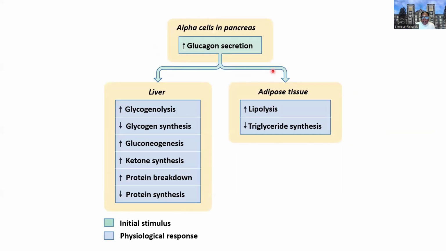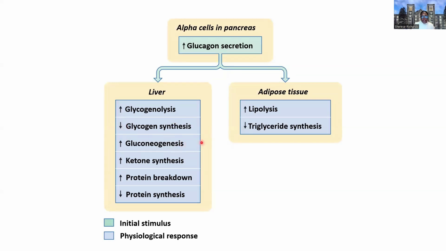Again, the alpha cells are what make glucagon, and the alpha cells, just for reference, are usually around the edge or the periphery of the islets of Langerhans, whereas the beta cells are typically in the center. Now, the alpha cells will trigger glucagon release, which triggers several different responses. Glycogenolysis, breaking down glycogen to make glucose, and then decreasing glycogen synthesis, which is the opposite.